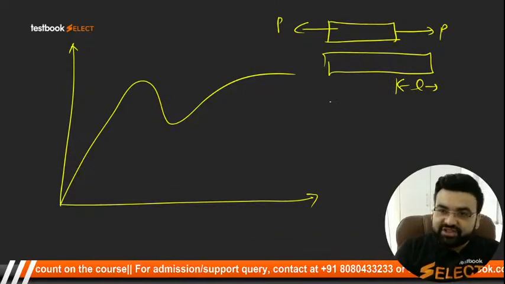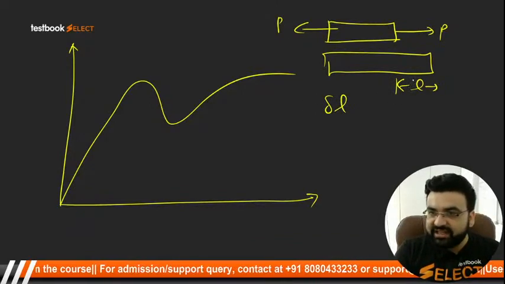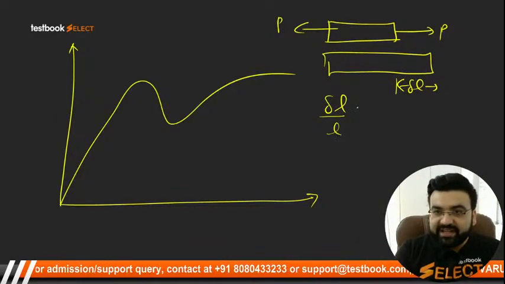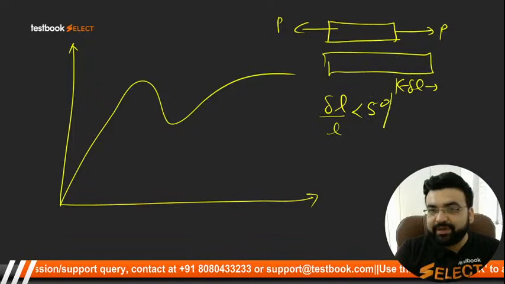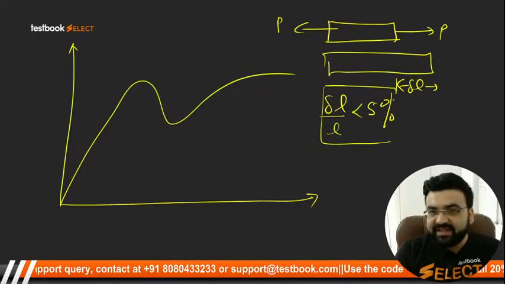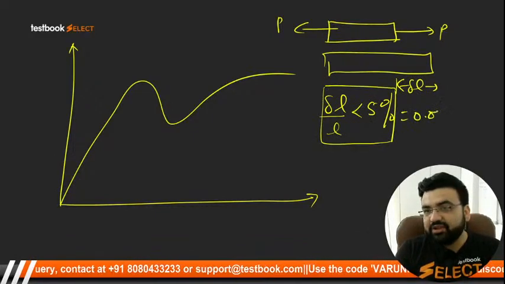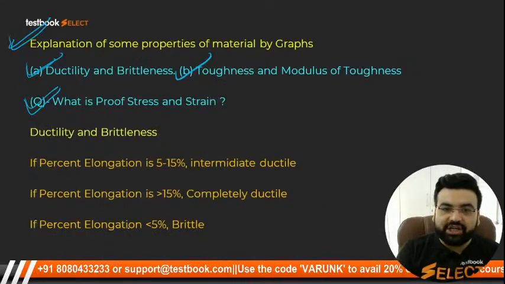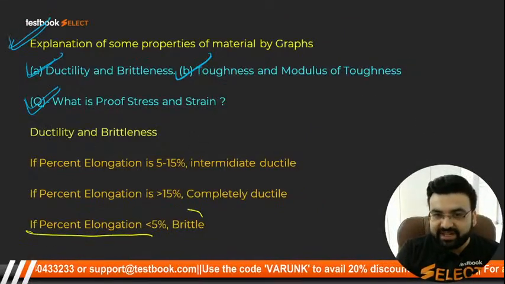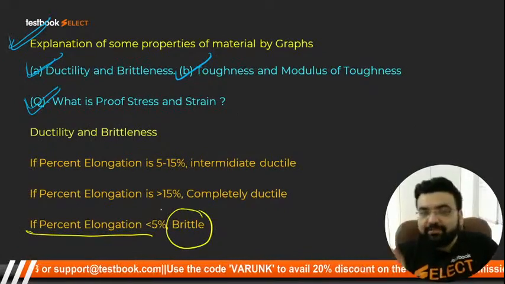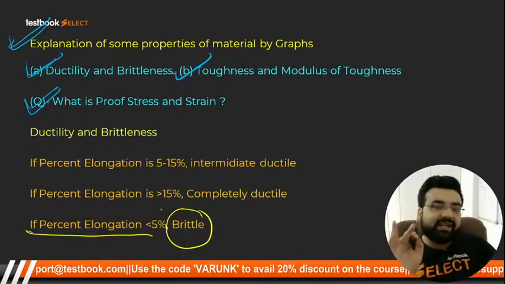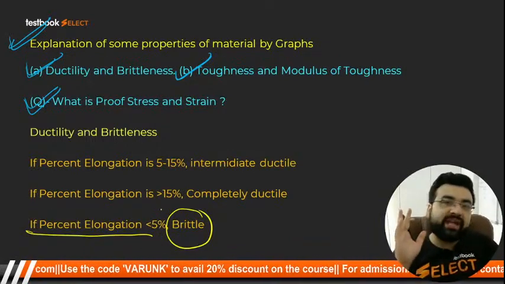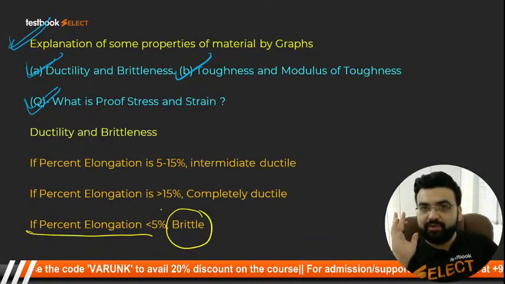Students, if this change in deformation, let us say delta L upon the original length, clear? If it is less than 5%, or I can say 0.05. See here I have written, if the percentage elongation is less than 5%, it is said to be a brittle material.